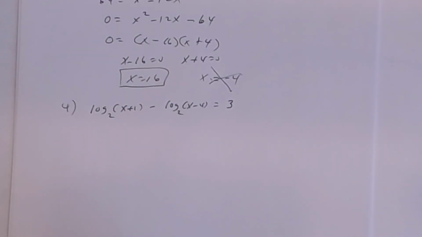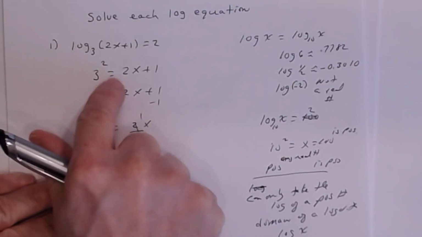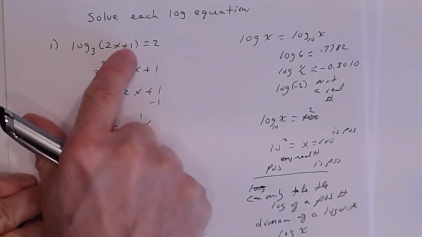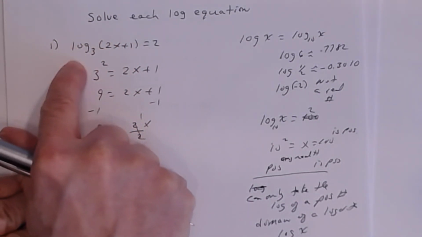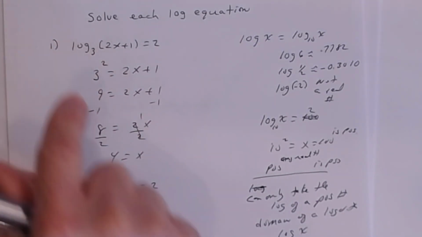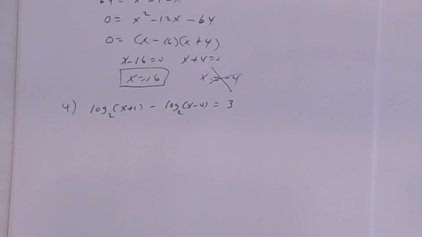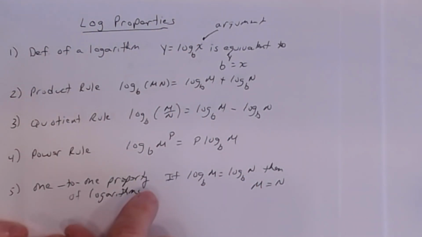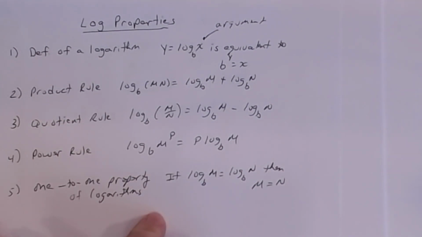All right. Now remember, before I can change the exponential 3 to a power, I have to have a single logarithm all by itself. Before I can use this property, property number 1, I have to have a single logarithm all by itself.